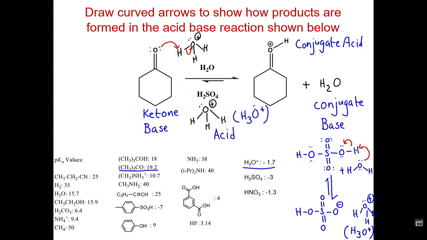The mechanism of that is shown on the right side in blue. Once you know what the acid is, you know the lone pairs on the carbonyl oxygen of the ketone will act as the base. The lone pair grabs the hydrogen from hydronium to form the protonated ketone and water.